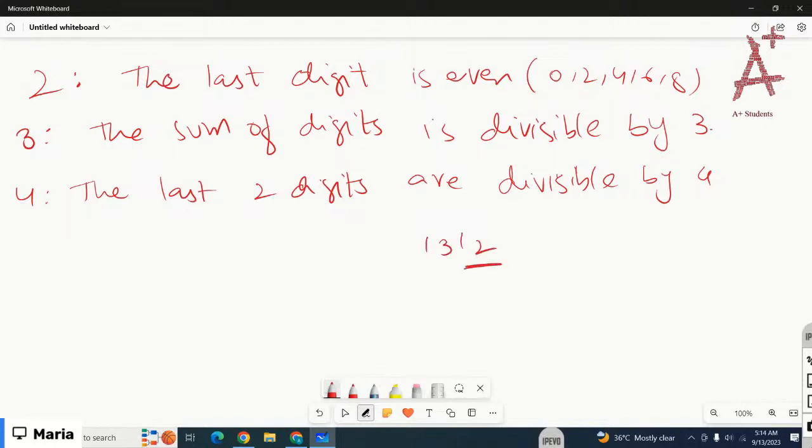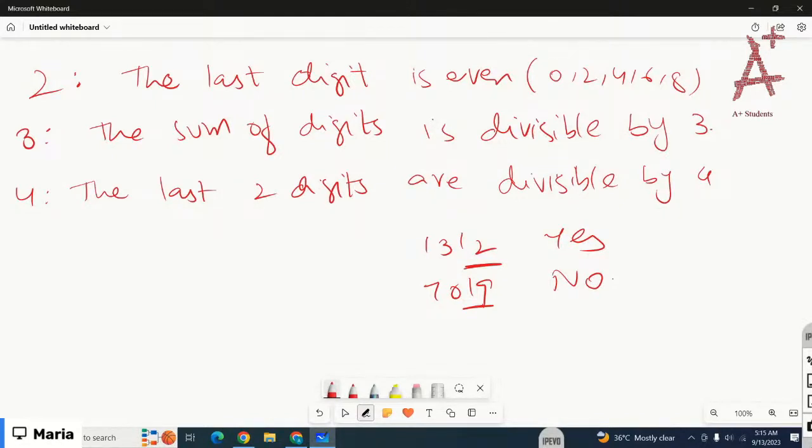The last two digits are 12. 12 is divisible by 4. 4 times 3 is 12. That means yes, 1312 is divisible by 4, right? The next one is 7019. 19 is not divisible by 4. That means no, this is not divisible by 4, right?